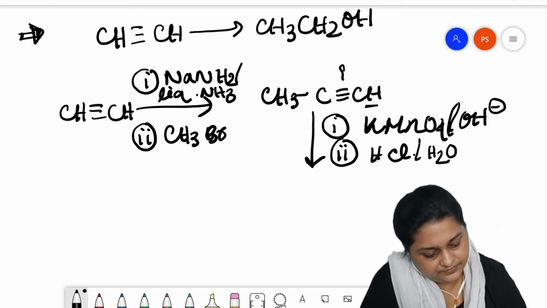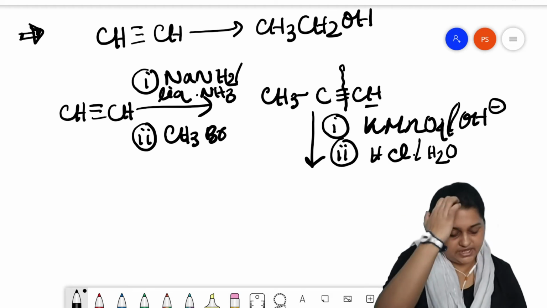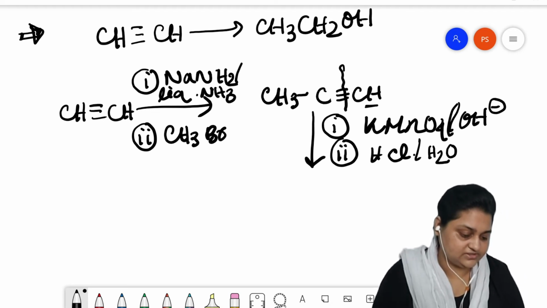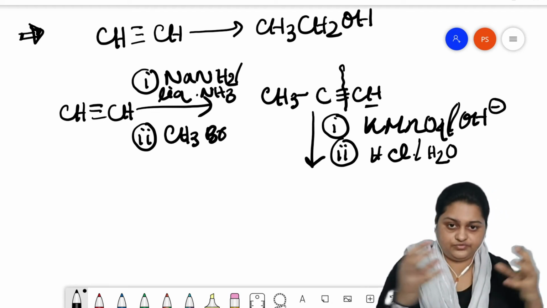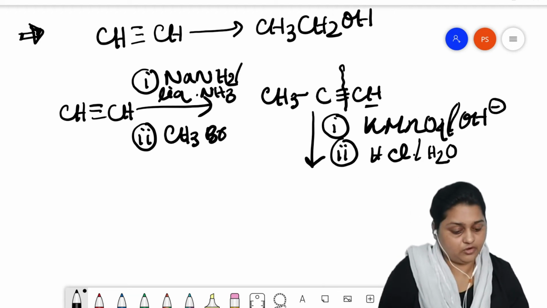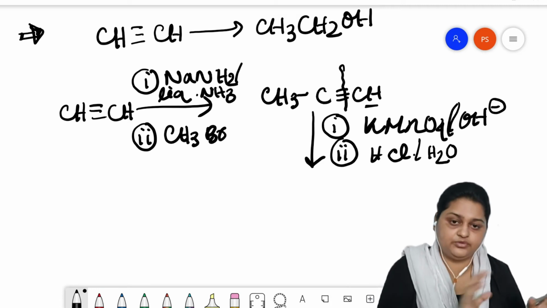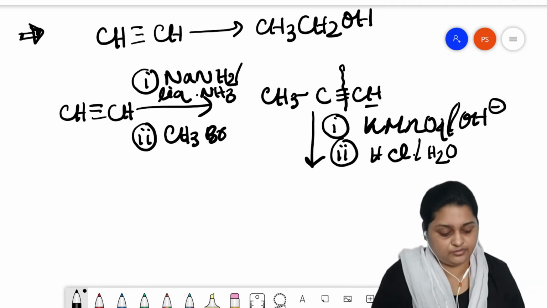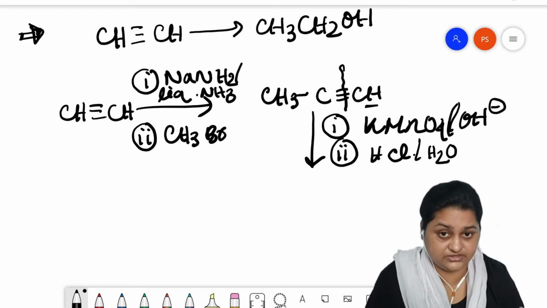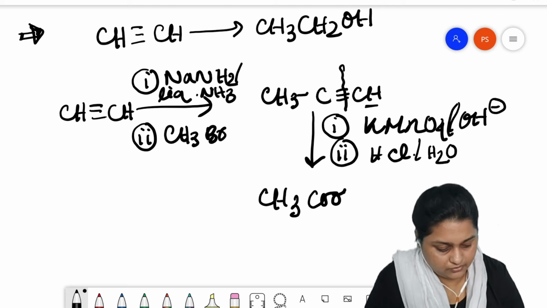When an alkyne is oxidized in the presence of KMnO4 and OH, drastic oxidation occurs. As a result, two fragments are created along with the triple bond. One fragment, that is CH, produces carbon dioxide and leaves the reaction medium, and this CH3C oxidizes to produce COOH.